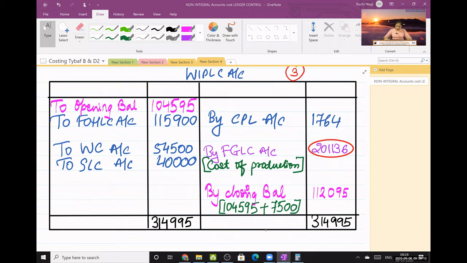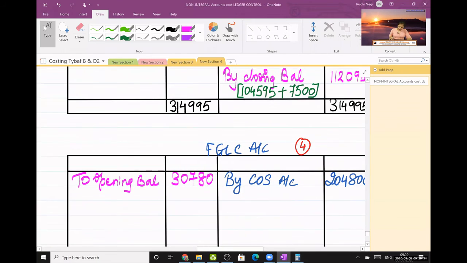Clear? Just acknowledge it in the chat box. So when opening and closing stock of WIP is given in the question, the balancing figure is cost of production. Understood? The second effect, finished goods, no. Second effect, yes.